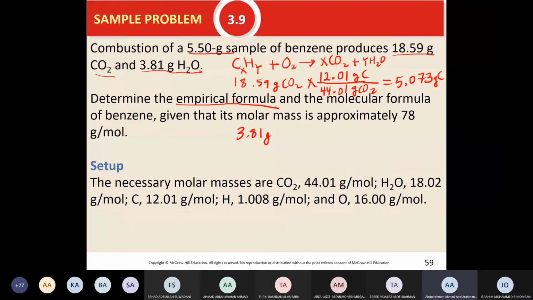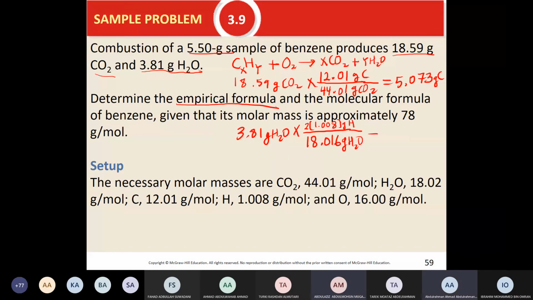Okay, if I have 3.81 gram H2O, how many grams of hydrogen is there? We divide. 2 times 1.008 grams of hydrogen over 18.016 grams of H2O.